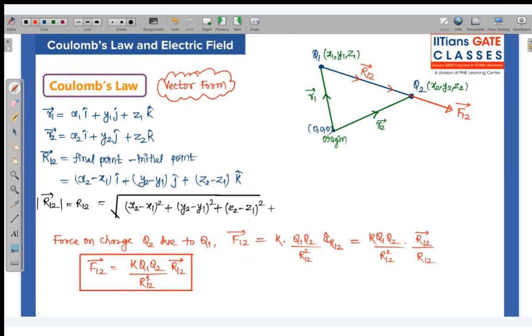Okay, and where R12 we have calculated, we can substitute it. The R12 vector and the R12 magnitude we have calculated. All these values you can substitute and calculate its numerical value. Is it clear? Anyone having any doubt in this?